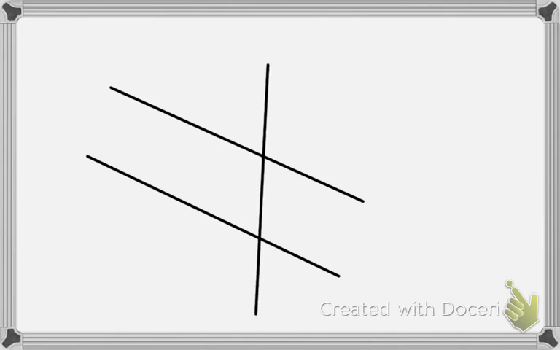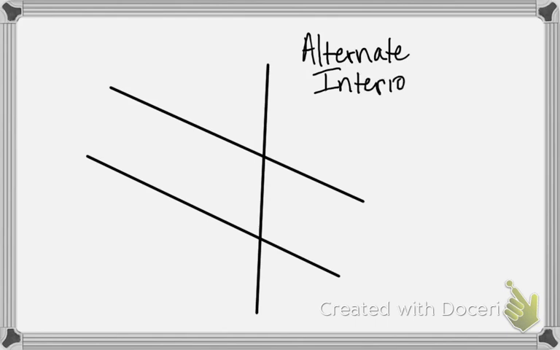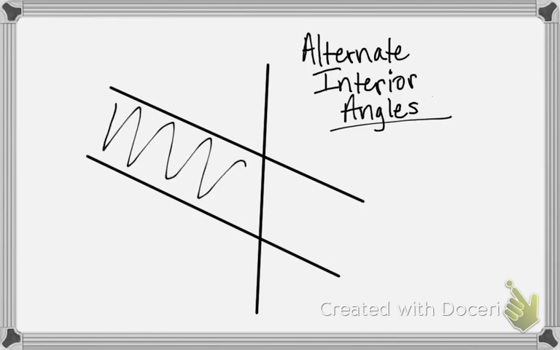The second type, I'm going to draw these parallel lines a little bit differently here, just so we can see some different examples. We're going to look at what's called alternate interior angles. Okay, and alternate interiors are going to be on alternating sides or different sides of your transversal, and they're also going to be on the interior of your parallel lines.